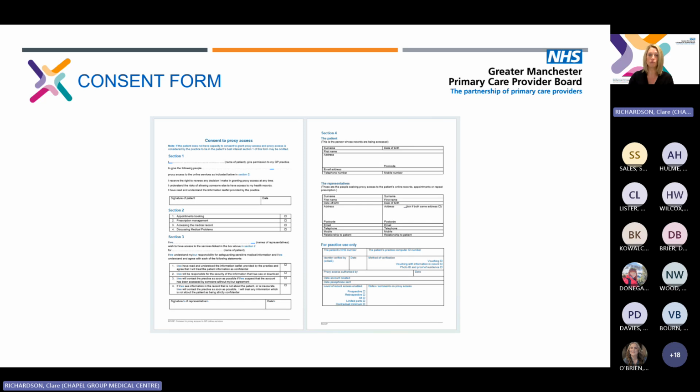I find this really important because if I have any questions, I can then go back to that individual and ask them, you know, was there any suspicion? What happened? Did they understand? Just have that conversation with them before I go ahead with giving access to the patient and the proxy.